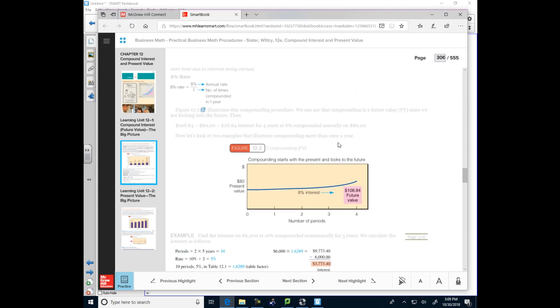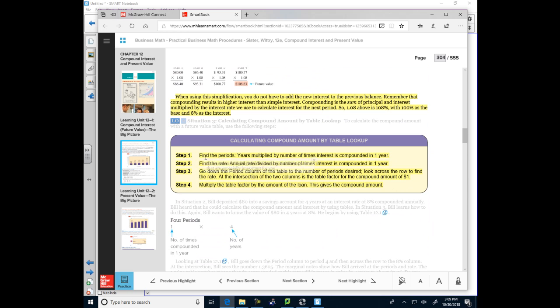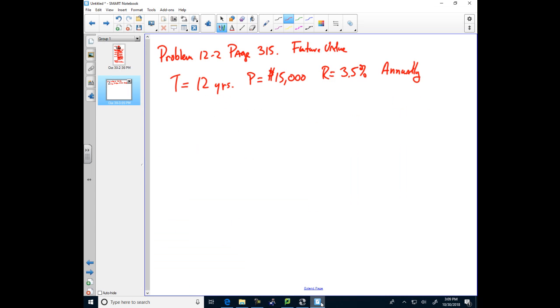So anyway, let's go back. Read our instructions. Step 1, find the periods. This is the years multiplied by the number of times the interest is compounding in a year. Now this first example here, I don't know why they started off with this. Annually means once a year. So the periods is going to be equal to 12 years times 1 period per year.